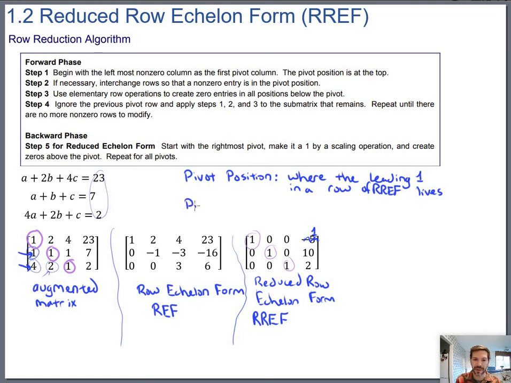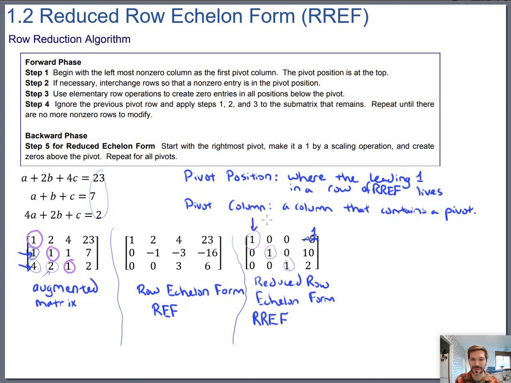I'd also like to throw in the idea of a pivot column. And don't get stuck here, but that's a column that contains a pivot. I know, shocking. So we have 3 pivot columns.